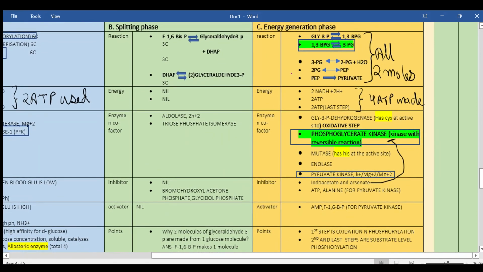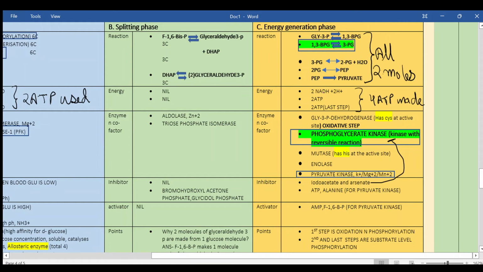Now energy: 2 NADH plus 2H plus are generated in the first step, that is glyceraldehyde 3-phosphate converting into 1,3-bisphosphoglycerate. 2 molecules of ATP are generated in the second step, that is 1,3-bisphosphoglycerate converting into 3-phosphoglycerate. And in the last step, that is PEP converting into pyruvate, 2 molecules are generated, not used, generated.